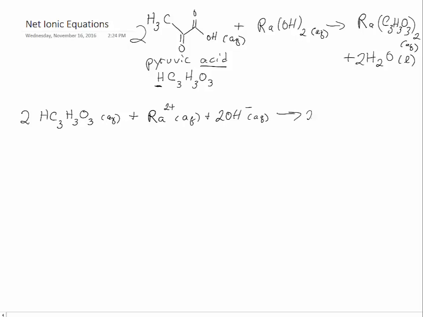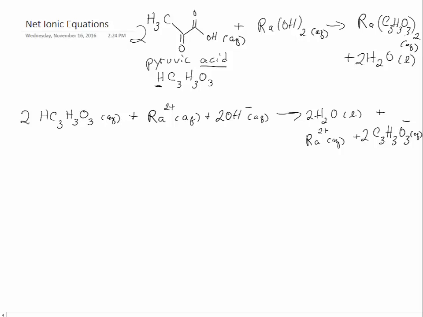Well, the water has to stay together because that's a liquid. But what about the radium pyruvate? Well, again, radium pyruvate now is an ionic compound. And so that radium exists in solution. And the pyruvate ions would also exist on their own in solution.